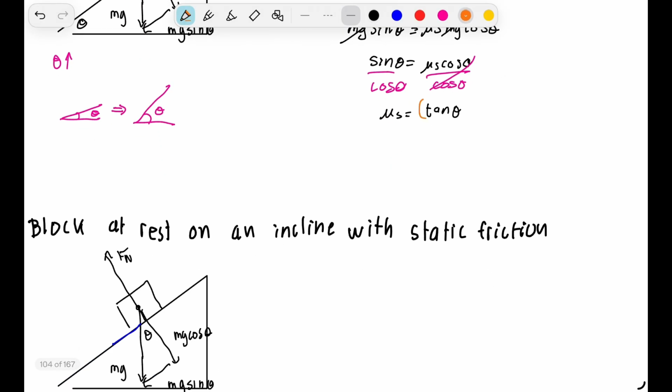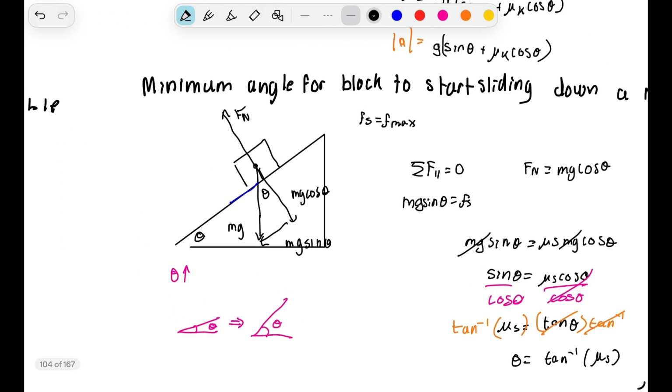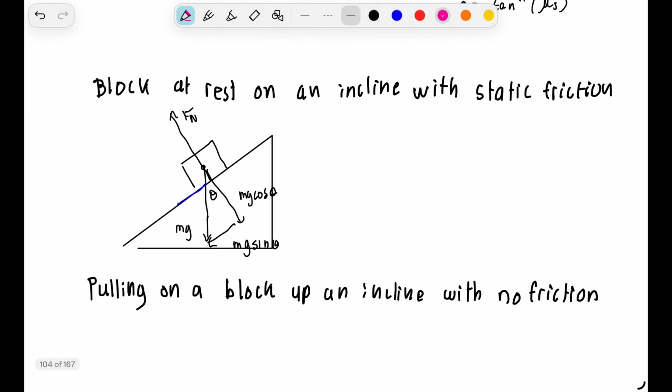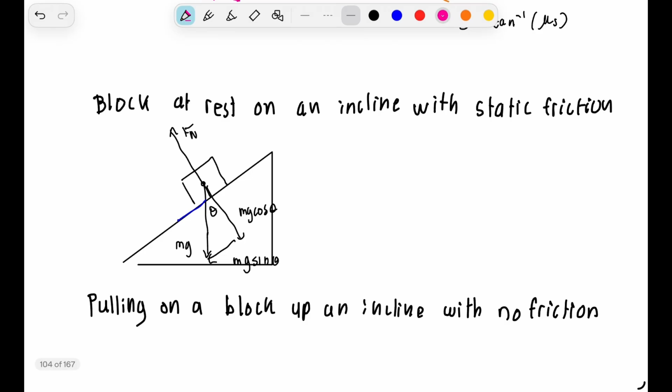And if you want to just get theta by itself, you can take inverse tan. That's going to be your answer as well. So you're going to start sliding when your downhill gravity component equals your max static friction. That's when you have to overcome that force of static friction, because this is Fs and we want to go down, right? Block at rest on an incline with static friction.